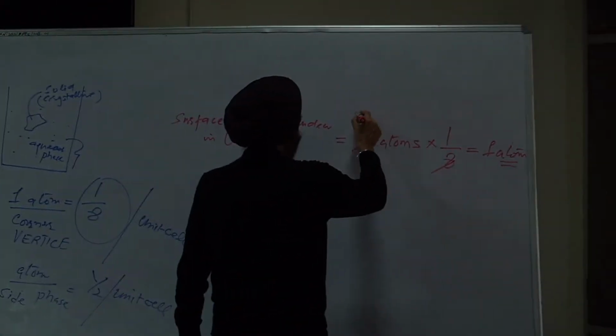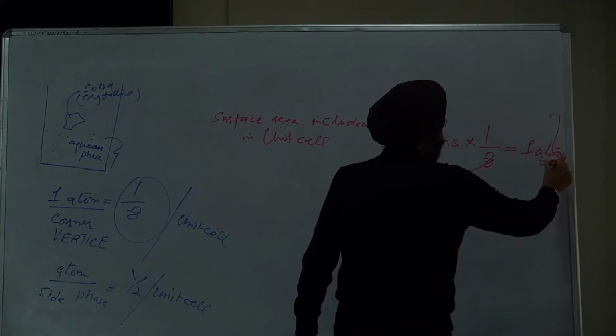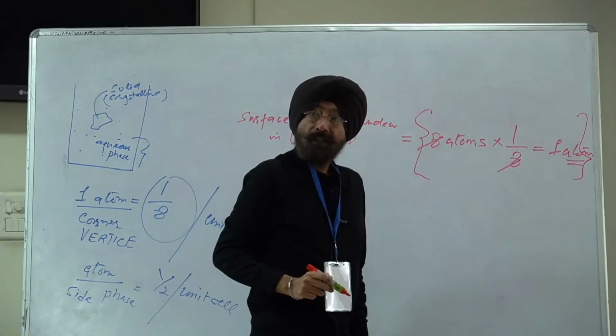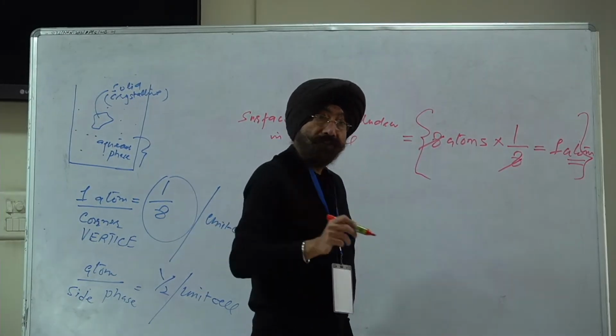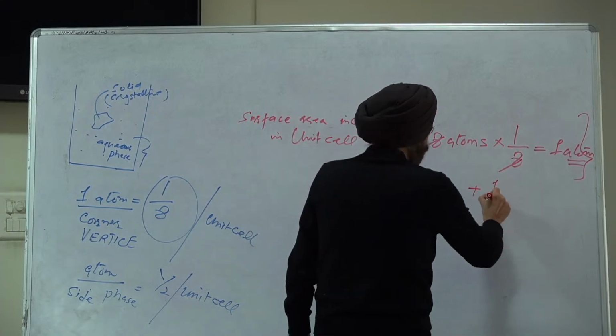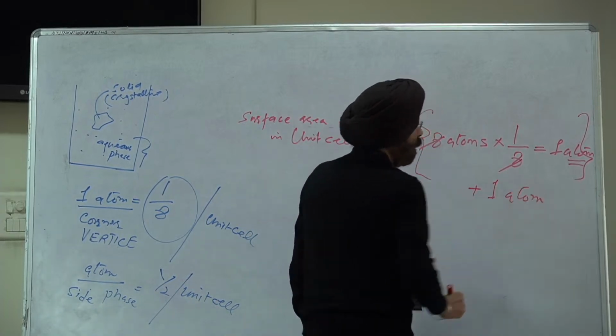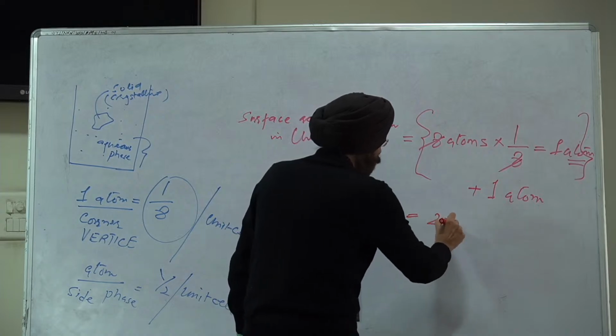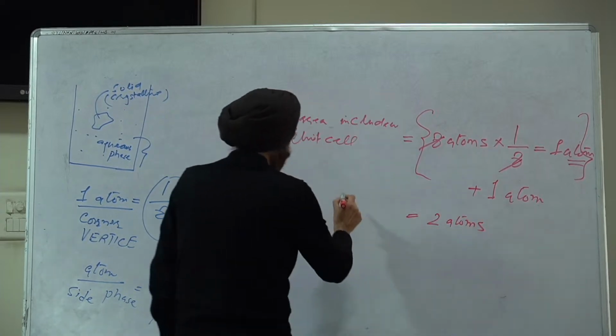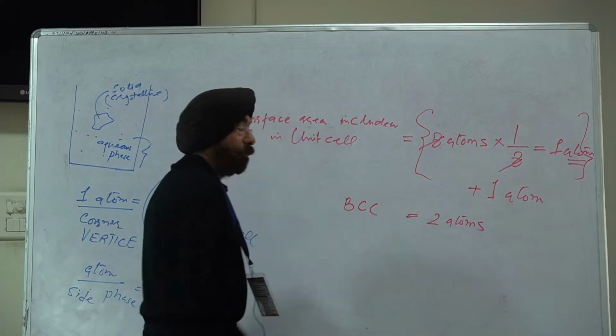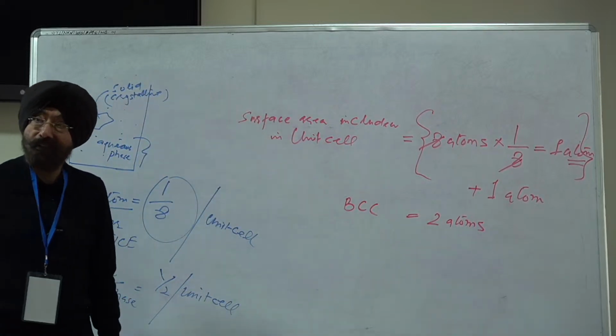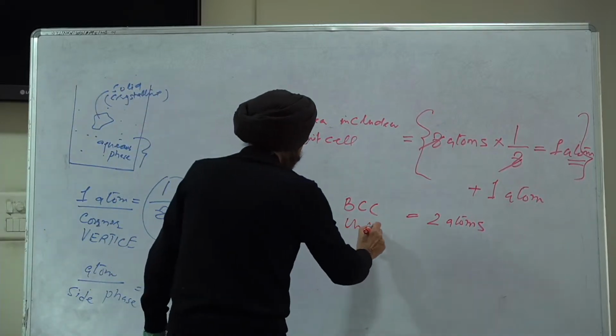So 8 atoms are equivalent to the surface area of 1 atom, plus there is 1 atom. So the total surface area is 2 atoms for the body-centered cube unit cell. Is it correct? So this is the body-centered unit cell.